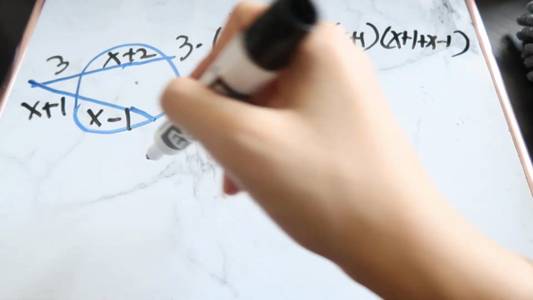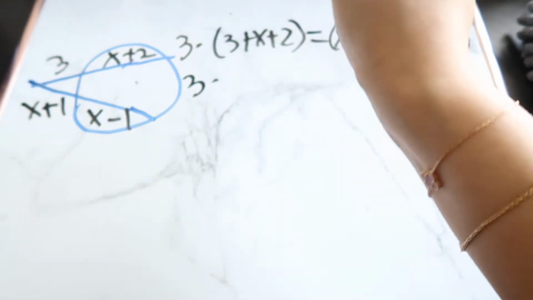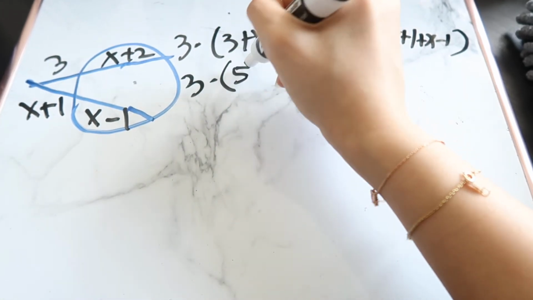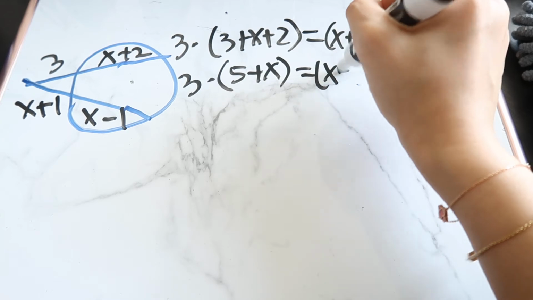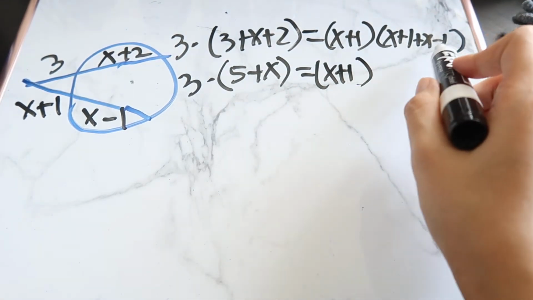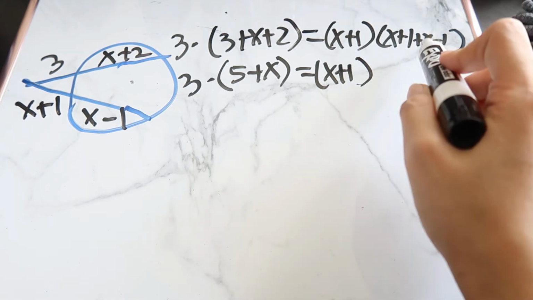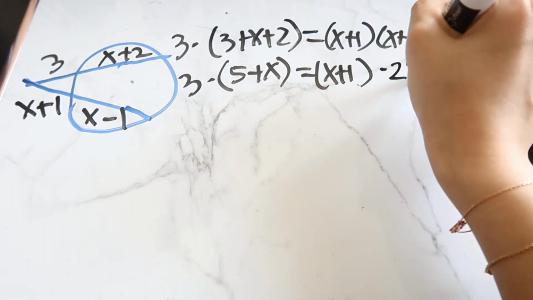Again, we're just adding those two up. So let's clean it. It's 3 equals parenthesis 5 plus x. On the right side, it's x plus 1. And then on the right part, it's x plus 1 plus x minus 1. So it will be multiplying with 2x.